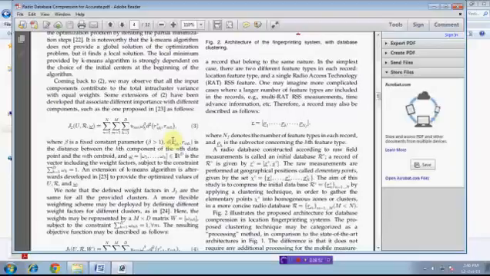Our proposed concept is compression in a location fingerprint system.